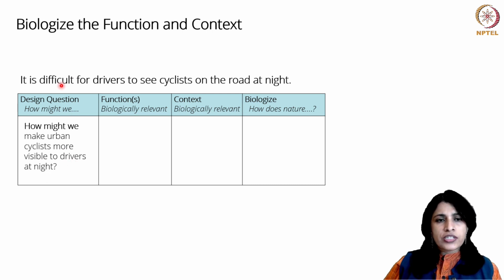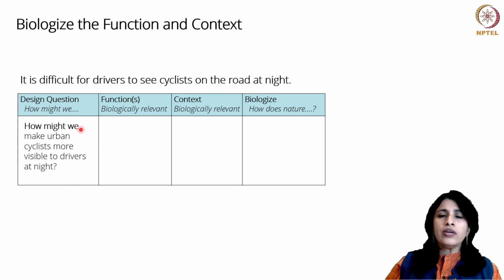Given that it is difficult for drivers to see cyclists at night, we look at a design question, which means you look at the function. What is it that you want to do in order to accomplish something? How might we make urban cyclists more visible to drivers at night? Now, this is the design question.